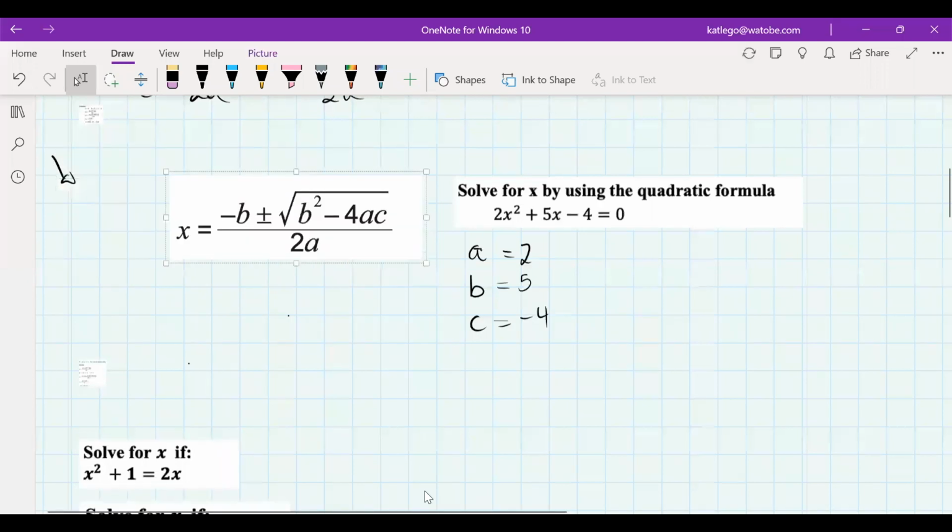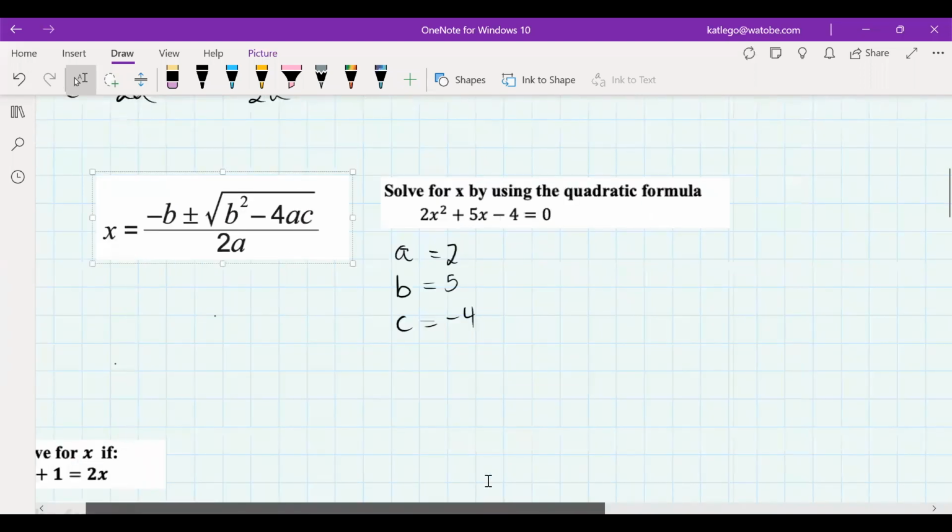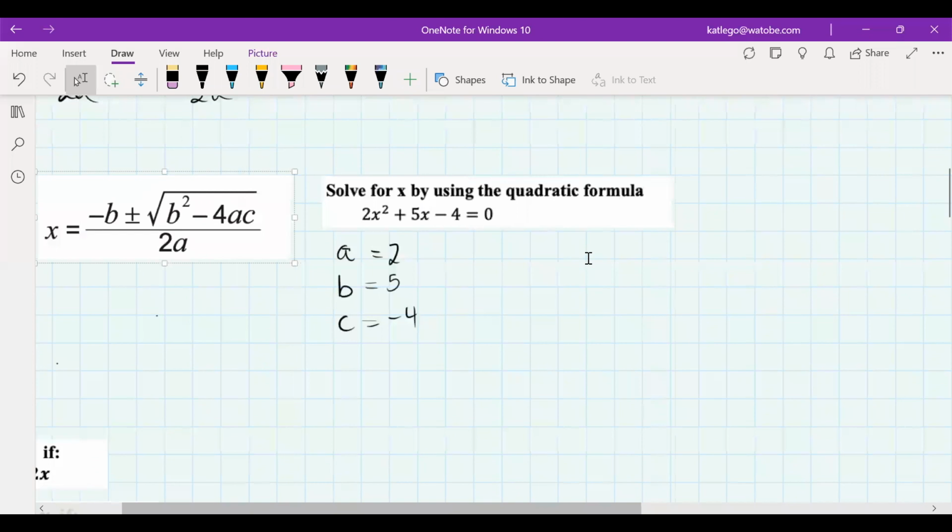Because I want the space that's on the side. There's your formula, and there are your A, B's, and C's. Thank you everyone for A, B, and C in the chat. Oh, I'm looking at the wrong one. It's okay, baby.